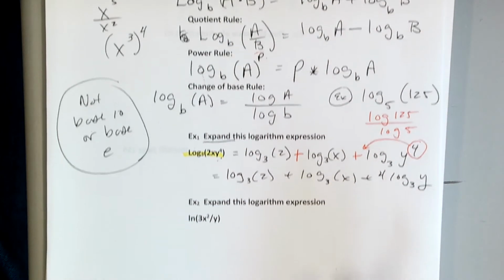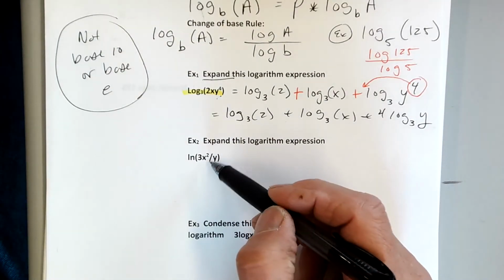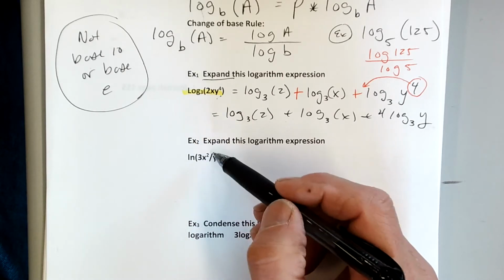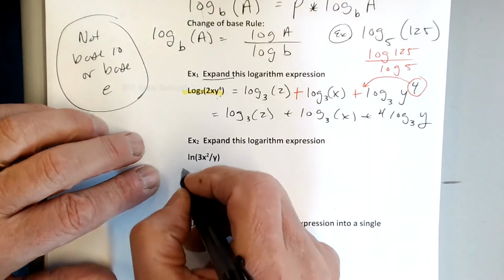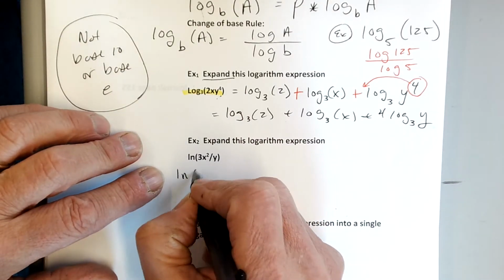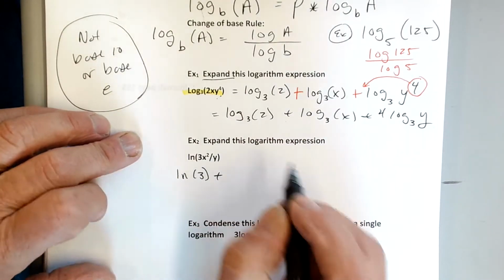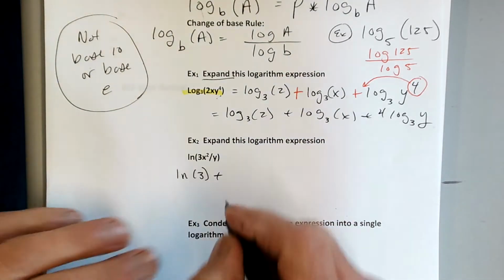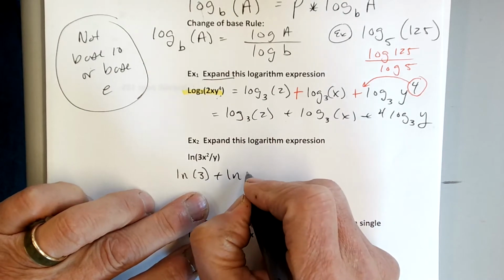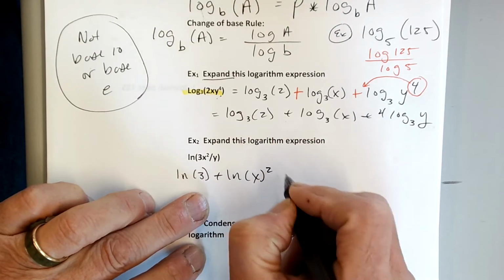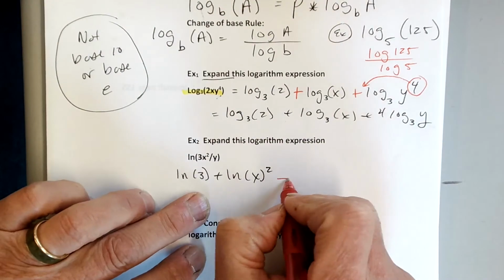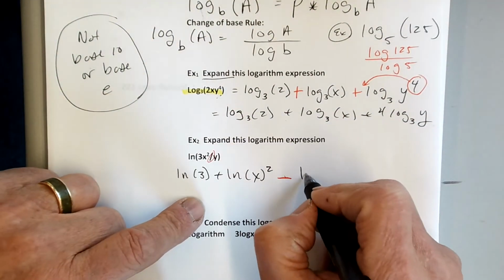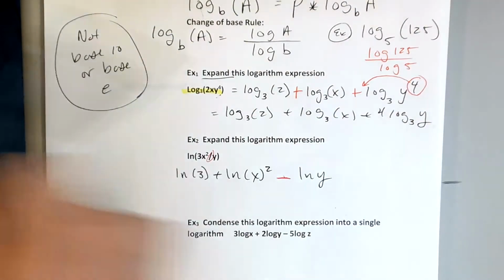Now, in number 2, I see a divide by, so I'll subtract. Does that make sense? I've got a natural log, so I'm going to rewrite this as natural log 3 plus, because it's 3 times, natural log x squared. And then minus, because of that division right there, I subtract natural log of y.